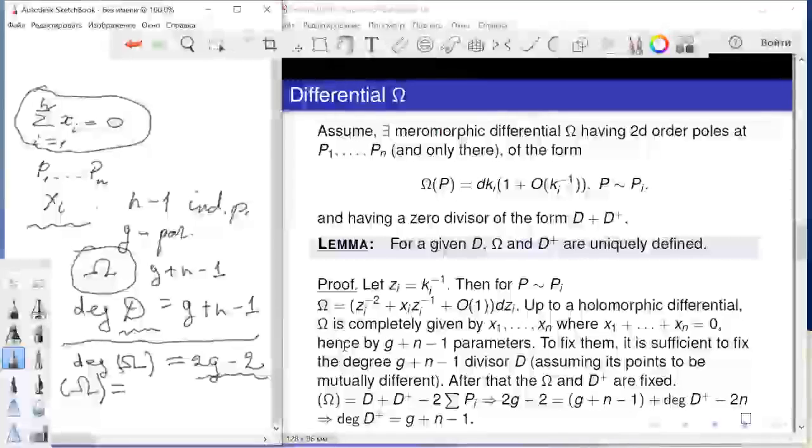So letting the degrees of these two divisors be equal, we obtain the following: 2g minus 2 is equal to g plus n minus 1, which is the degree of D, plus the still unknown degree of D cross, minus 2n, and n points here. Which gives that the degree of D cross is also g plus 1 plus n minus 1.